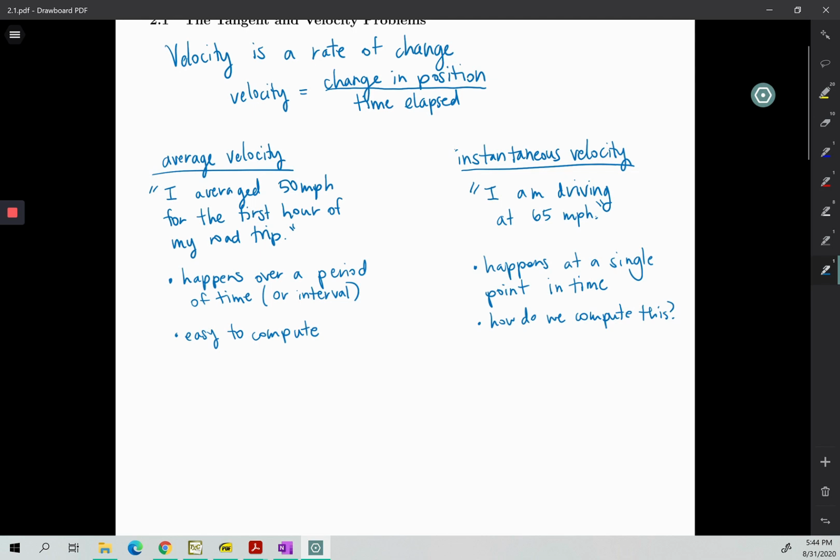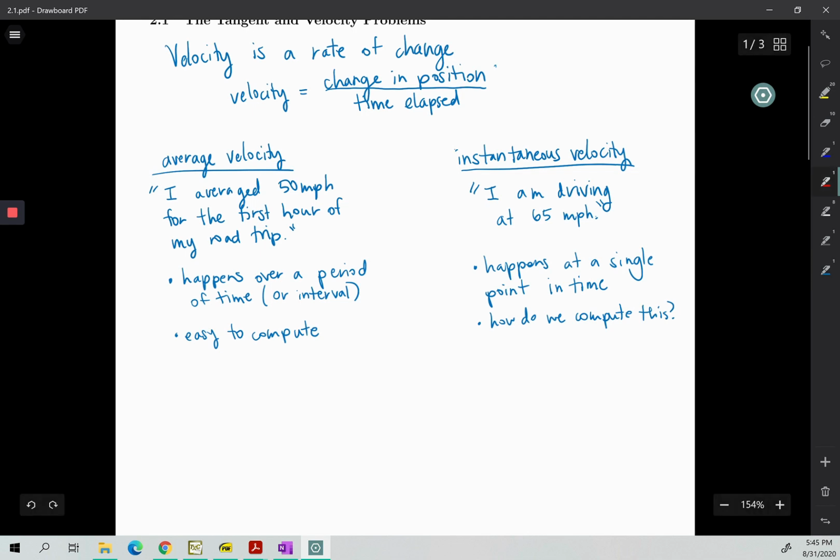Since we have that this is happening at a single point in time, that means the time elapsed in this equation up here is actually 0, which would mean we'd be dividing by 0, which is one of those things that we want to avoid, right? So that's going to be a problem in our definition up here.